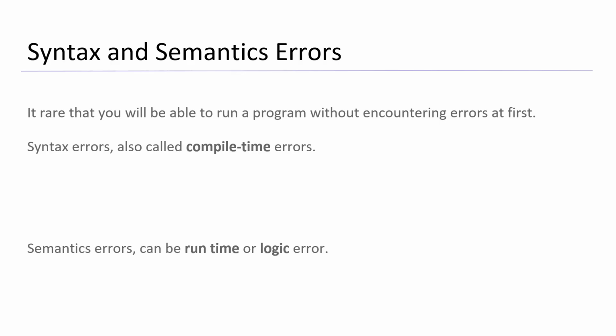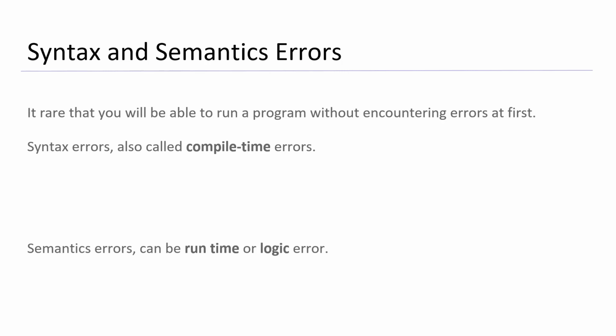In your programming journey, it's very rare that you'll be able to run the program the first time without encountering errors first. You should develop a skill of looking at these errors, trying to understand them, and fixing them before proceeding to the next stages of your development process.